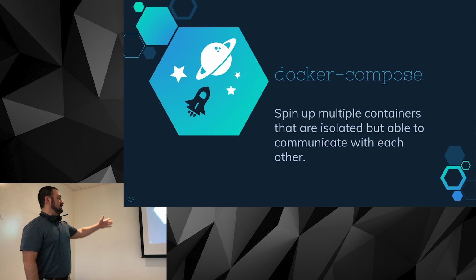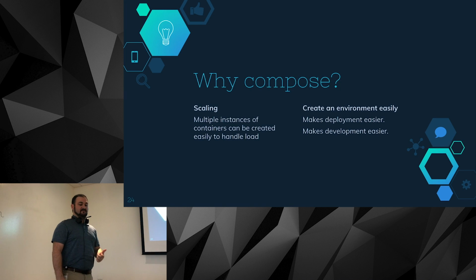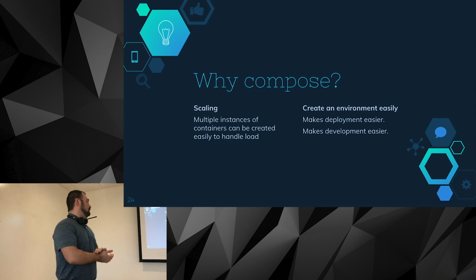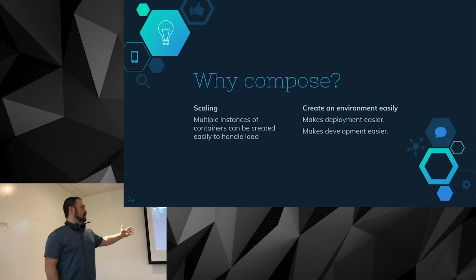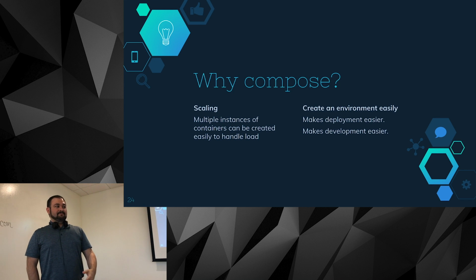We're going to spin up multiple containers that are isolated, but able to communicate with each other. So why would we want to use this? We can use something like Compose for scaling. Like Ryan said, let's say we use the project that we've been working on in the office as an example.